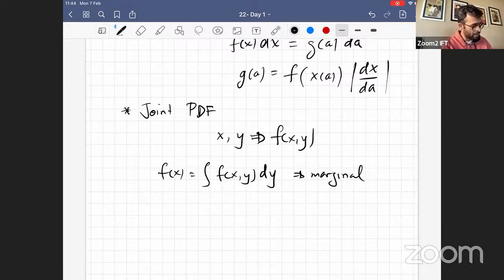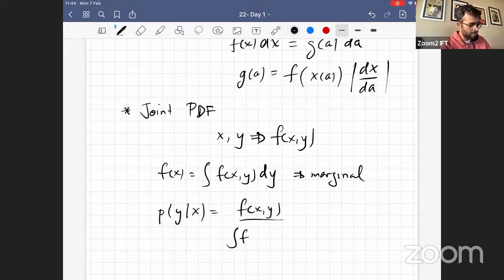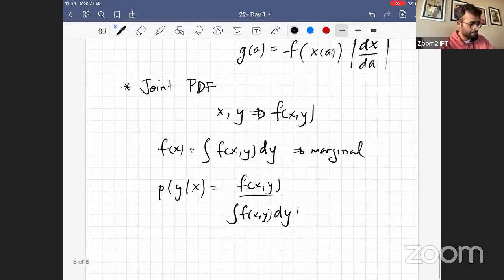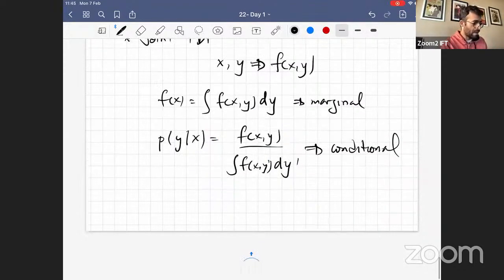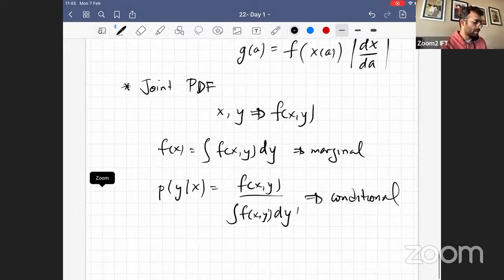So I can have P of y given x. This is just this joint divided by f of x. But f of x is just the marginal, right? So that is the conditional. And in this very same way, you can work with the joint probabilities of, I don't know, m random variables.